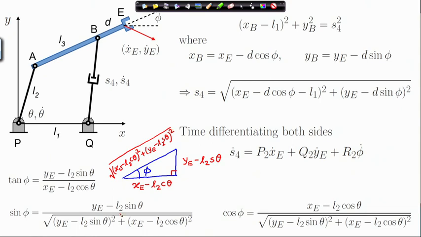Now, in these relations, what I have done therefore is I have replaced sin phi and cosine phi in terms of xe, ye and theta. So, once I have done that, these terms P2, Q2 and R2 are only functions of xe, ye and theta.